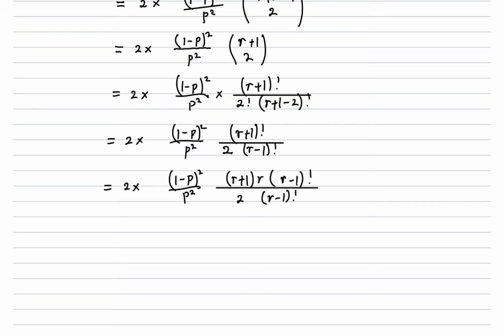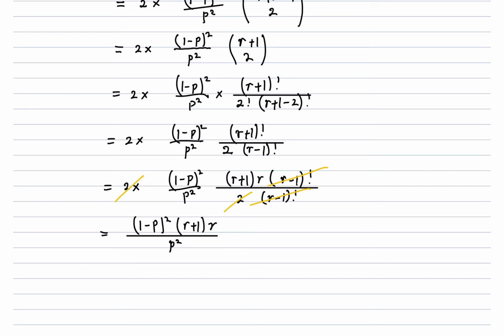And that allows us to cancel the r minus 1 factorial on the top and bottom. In fact, the 2 and the 2 cancel here. And what we're left with in this expression is 1 minus p all squared, r plus 1, r all over p squared.